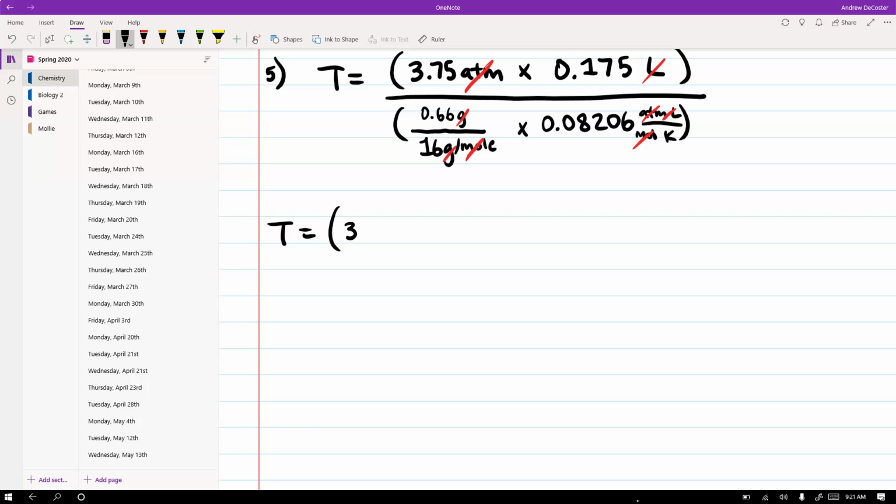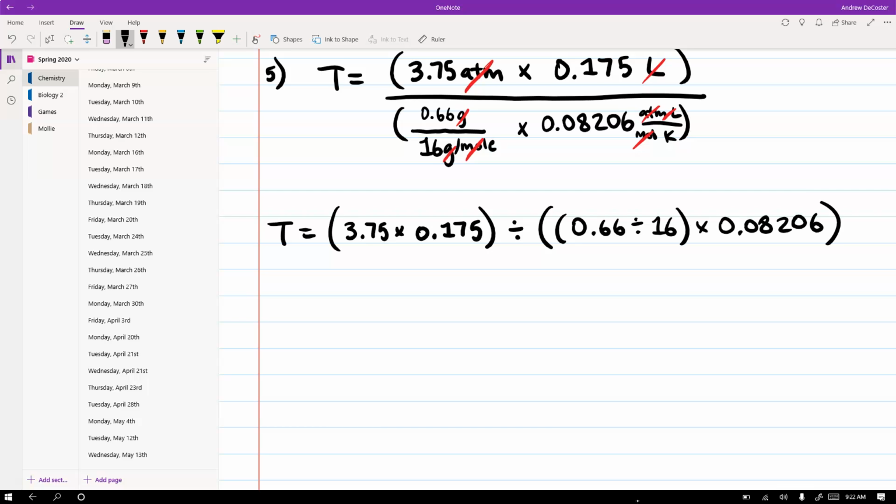And my final answer is going to be 3.75 times 0.175 and divided by 0.66. Make sure you do double parentheses here. 0.66 divided by 16. Close the parentheses times 0.08206. Close the other set of parentheses.